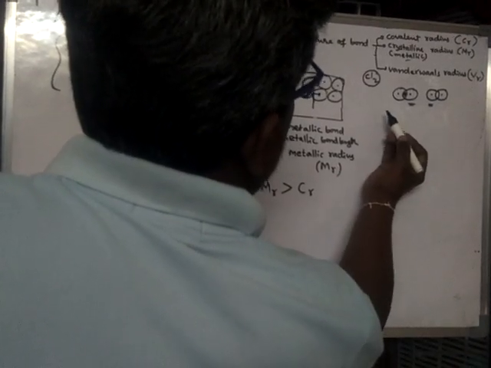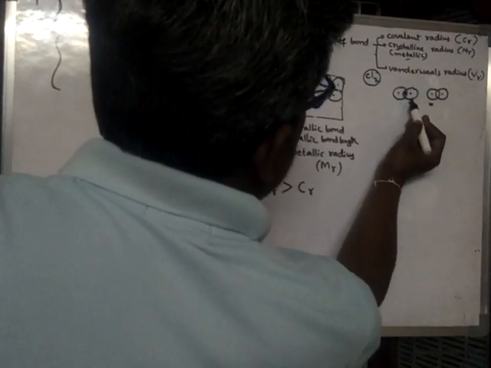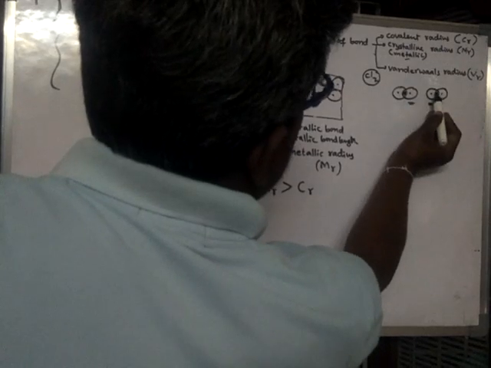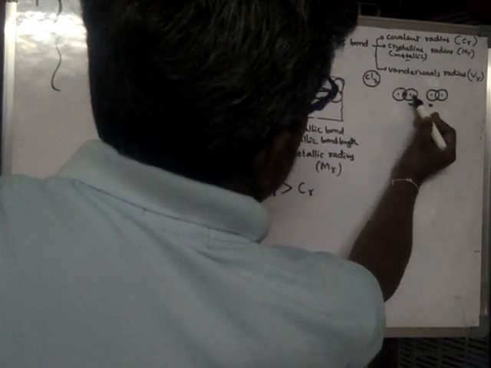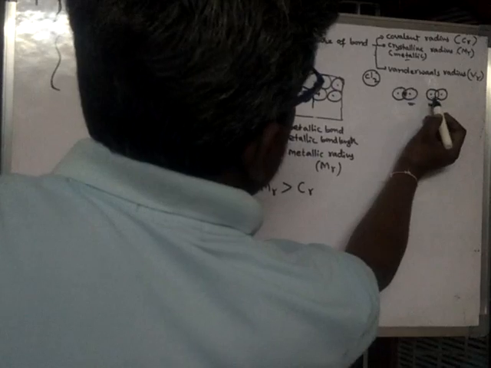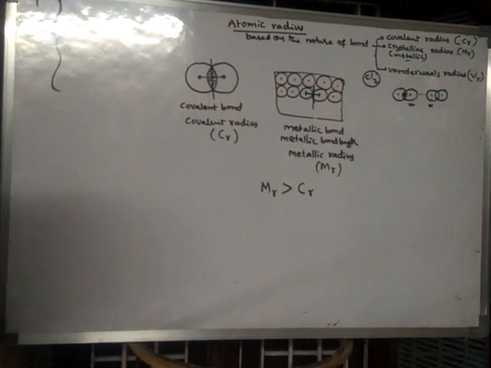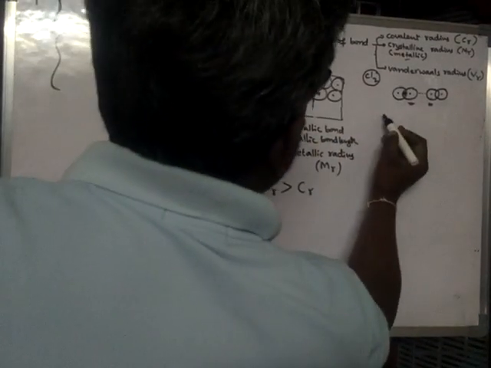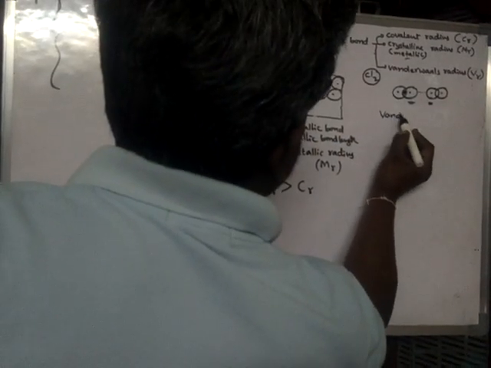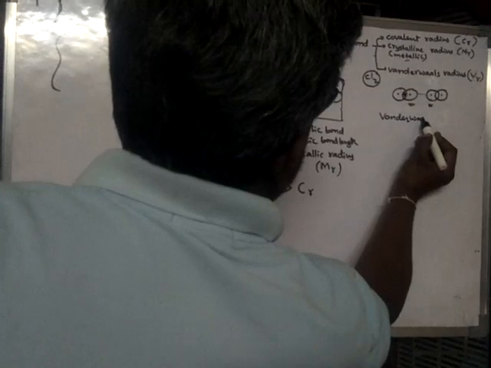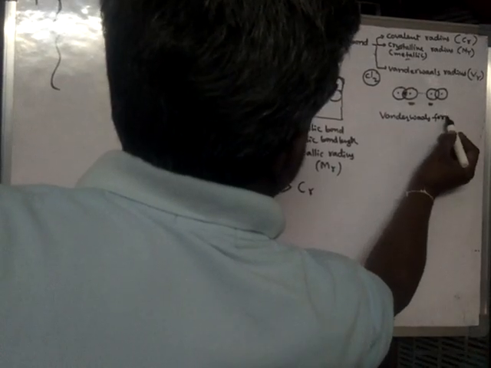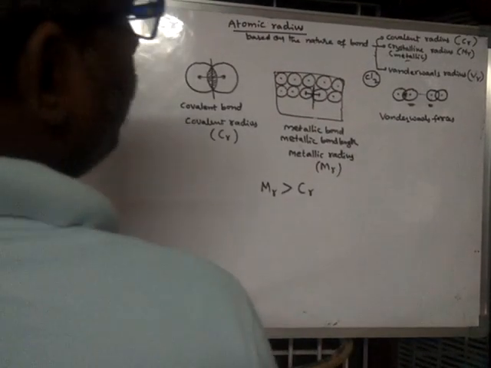Now between the atom of this molecule and the atom of this molecule, between these two atoms there will be some weak force of attraction. That weak force of attraction is said to be Van der Waals forces. Okay, Van der Waals forces.